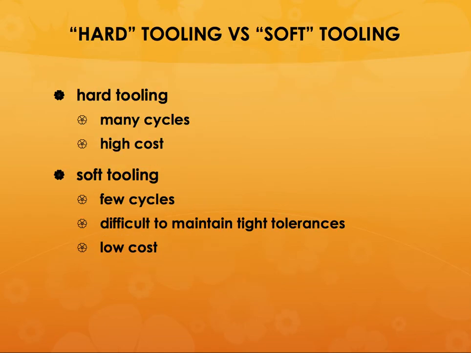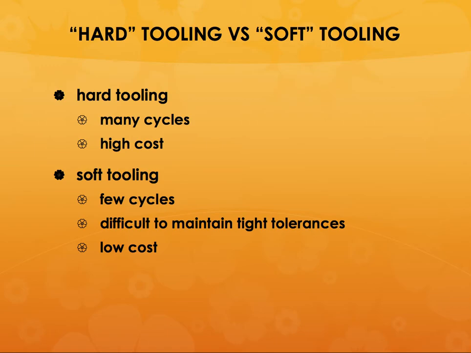The other thing is that we worry about whether it is a hard tooling or a soft tooling. Soft tooling means, for example, if you have the turbine blade used in a wind turbine, the inside is made from what is called a soft tooling. Which means that you have to replace that tooling part maybe every 100 cycles.